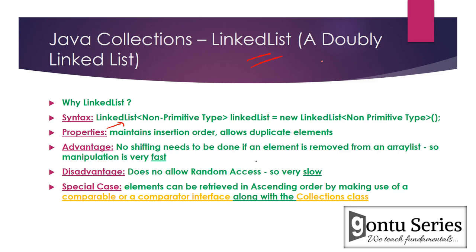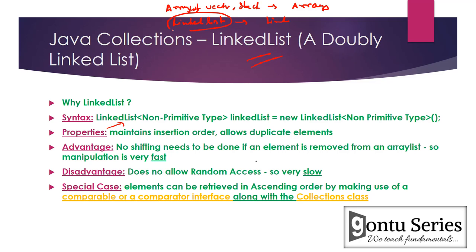But the only difference is the way all the other concepts work and the way this linked list concept works. So array list, vector, and stack all use the arrays concept internally. Right, and linked list basically doesn't use an array concept. It works on the principle of a linked list.